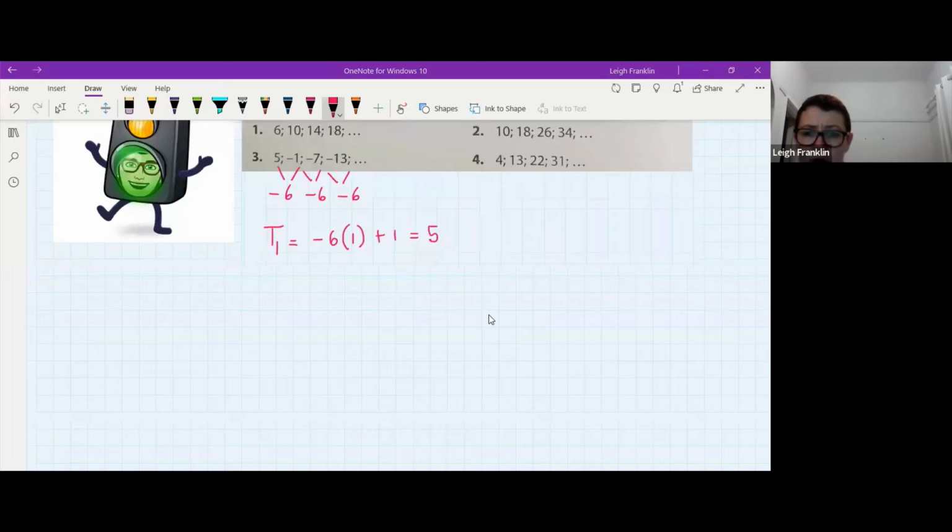Is Indanako correct? Let's see what you say on the chat. Is it okay to put in +1? What do you think? Put your answer into the chat. What do you think, guys?